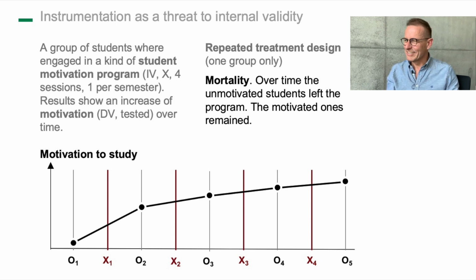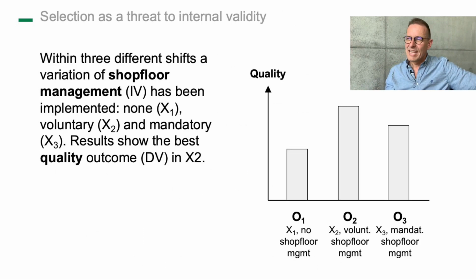Very nice. Okay, here's the last example. In management, there's something we call shop floor management. I don't want to go too deep into this, but to put it very simply, it's an idea that in a production facility, in a company, in a production plant, the employees meet on a regular basis somewhere, and they talk about what we do today, what the problems are today, who is dealing with what today.